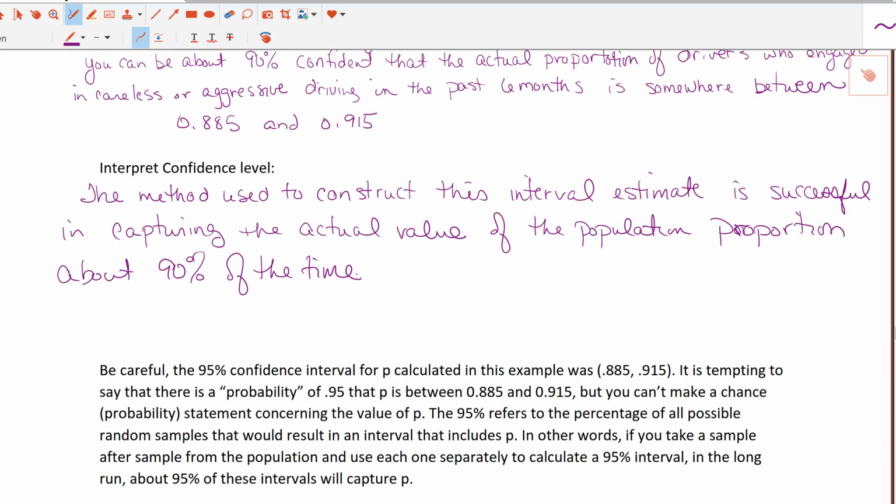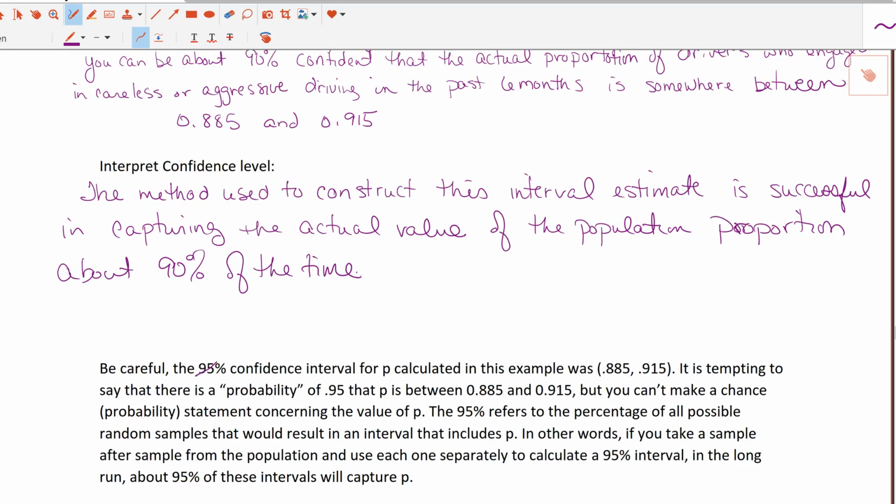Okay, so I have some typos here because I had originally done this. I was going to do a 95% confidence interval, but I decided to do a 90, so you'd have a little bit of practice using a different number. We want to be careful. The 90% confidence interval for P calculated was this.